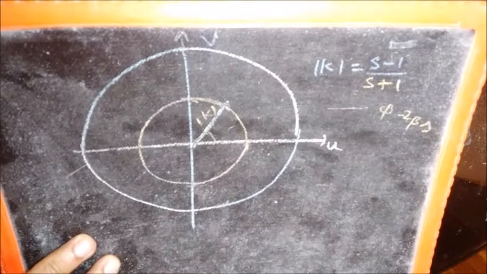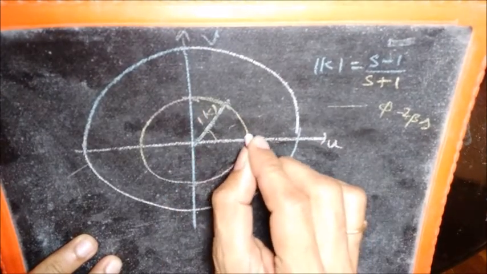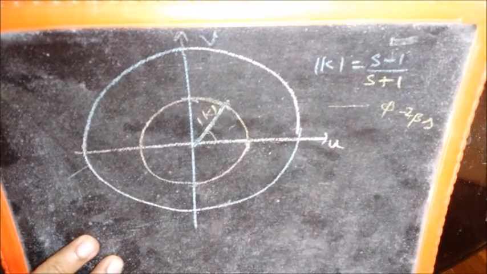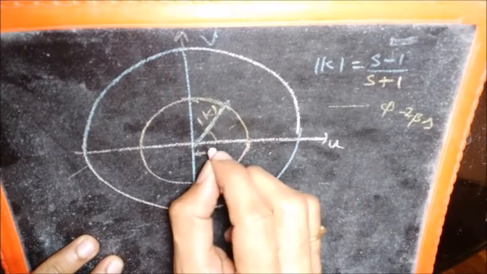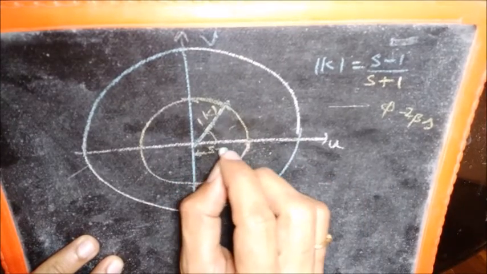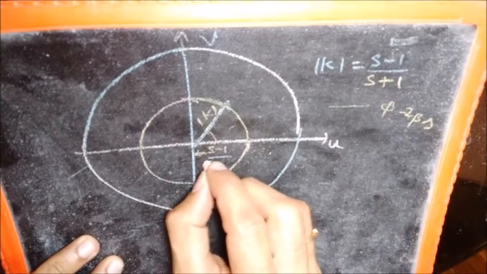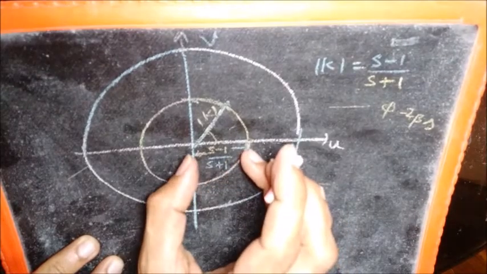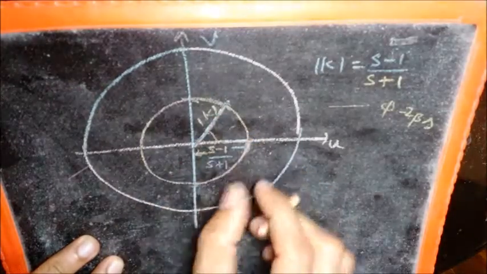Now at the point where this circle intersects the positive side of the u axis, because as I said, magnitude of K is s minus 1 by s plus 1, this will be s minus 1 by s plus 1, the radius, right? Because we are drawing the concentric circle which has a radius equal to magnitude K, that is s minus 1 by s plus 1.